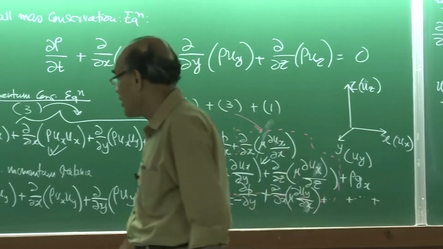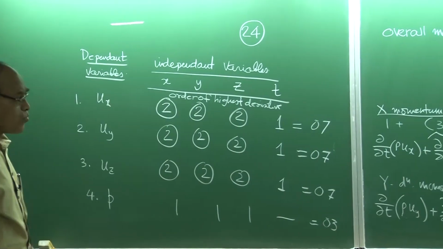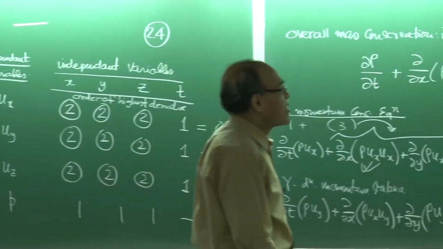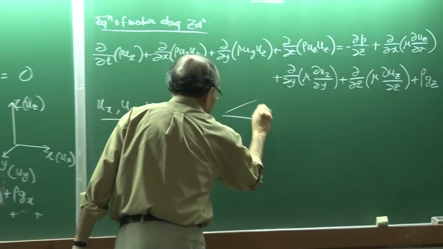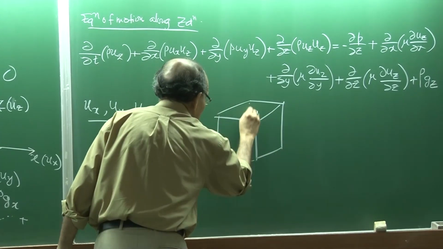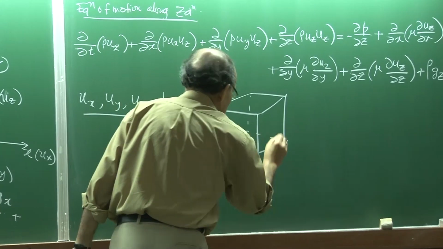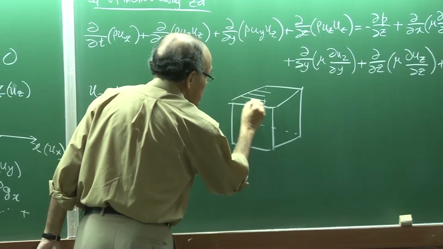Now, having said that 24 boundary conditions, what it essentially means, you can now understand that if you have a three-dimensional control volume, for example, I write it like this. So, you can imagine that there are already 6 faces.